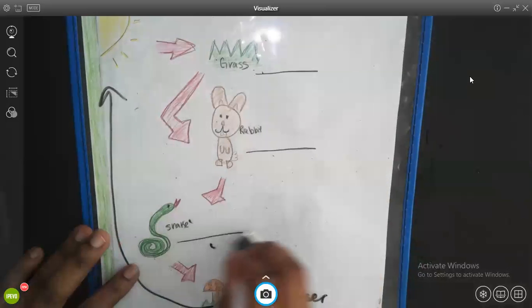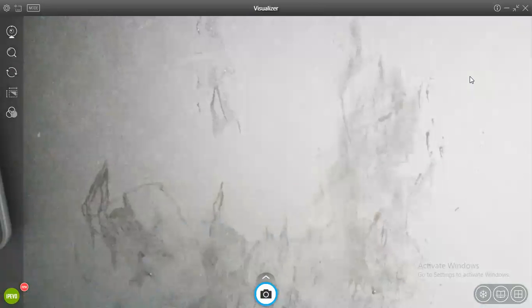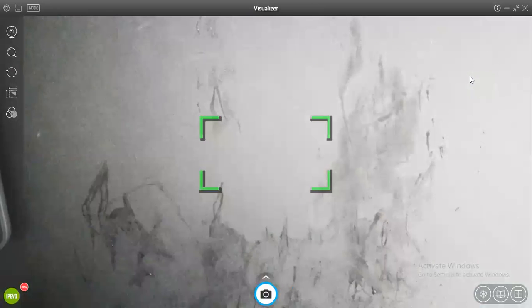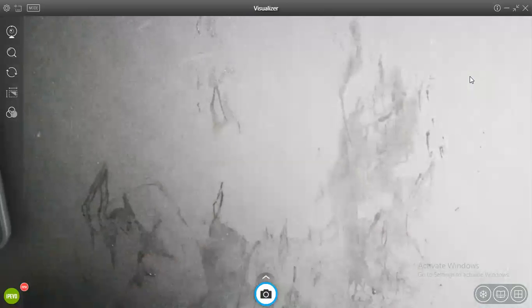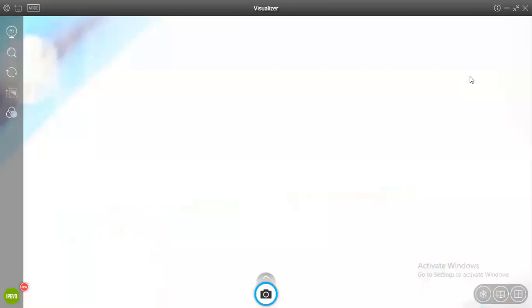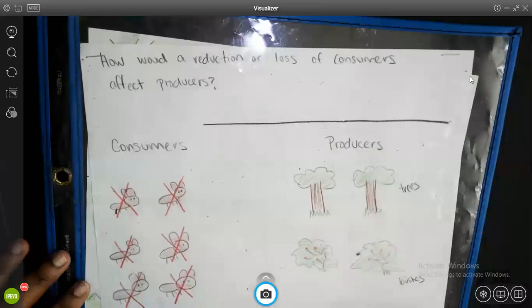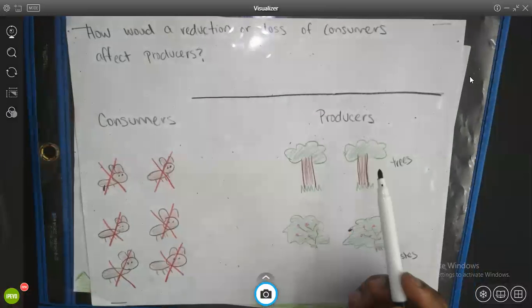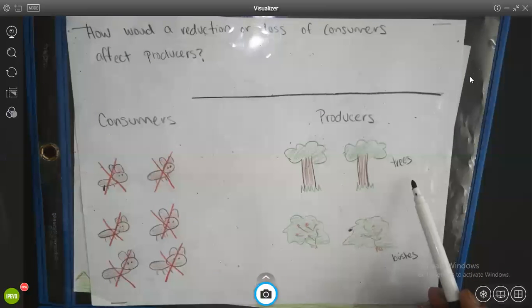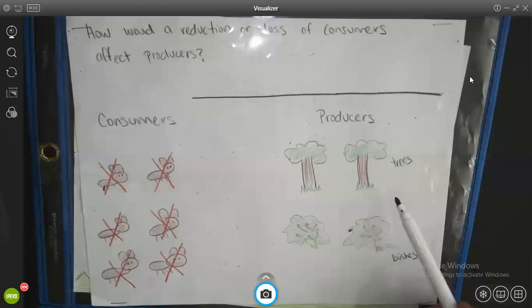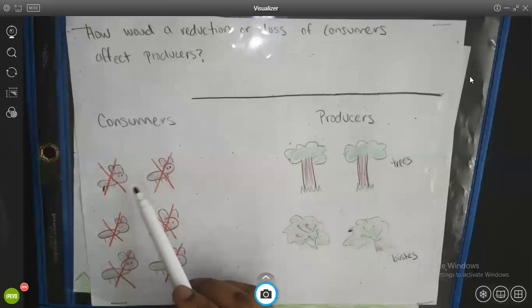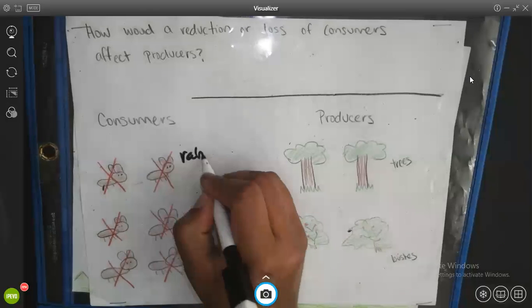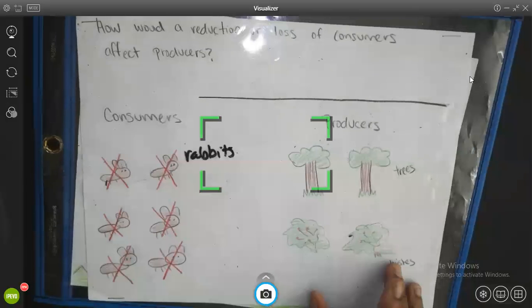So now I have a question for you. How would a reduction or loss of consumers affect producers? So right here we have our producers, and you know that producers can only be things that get their energy from the sun, which are trees and bushes. And then we have our consumers right here, which I'm going to call rabbits, because we know that rabbits usually eat things from trees and bushes.